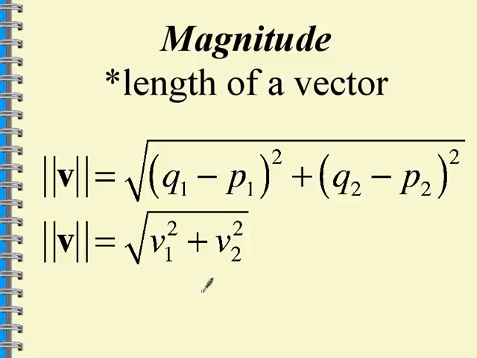Here is what that is. The magnitude is going to be from point P1, Q1 to point P2, Q2. So P1, Q1 is your initial point, and P2, Q2 is your terminal point. Another way it can be viewed is the square root of V1 squared plus V2 squared.